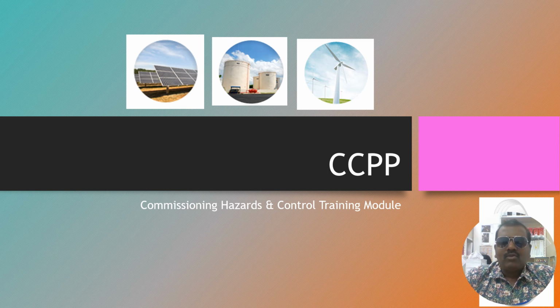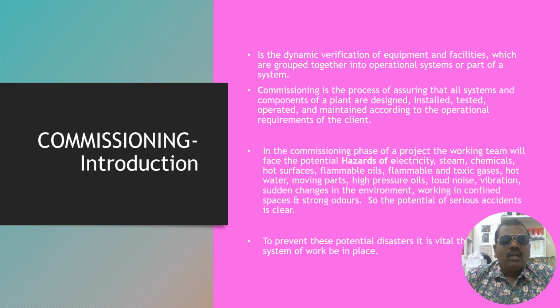Let me jump into the PowerPoint. So what is commissioning? It is the dynamic verification of equipment and facilities which are put together into operational systems or part of a system.